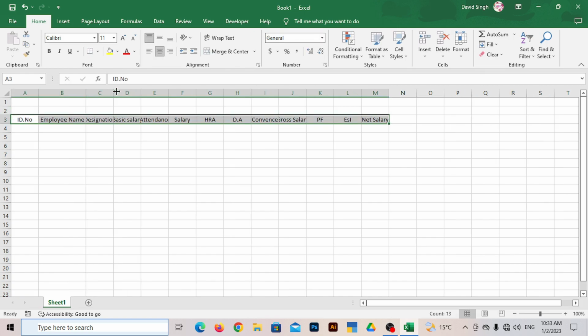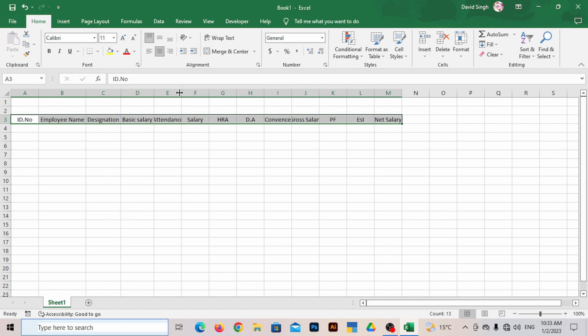Select it and arrange it according to the space.